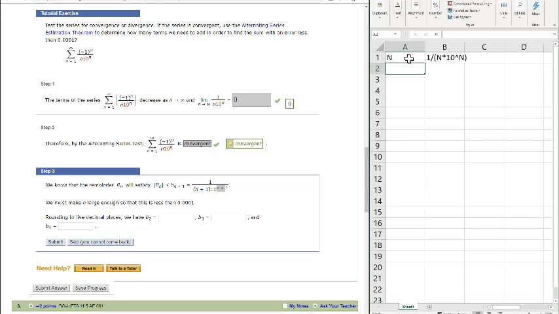We're going to put in the values 1, 2, 3, 4, 5, 6, etc. And then we take our expression and say equals 1 divided by, and I'm going to put parentheses around our denominator. We have the n value times 10 raised to the same n value.